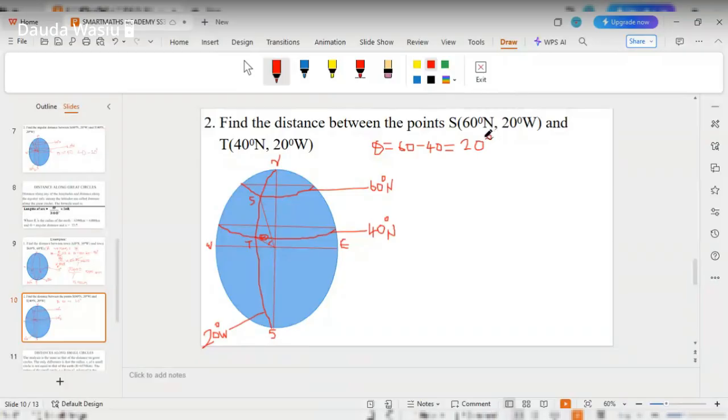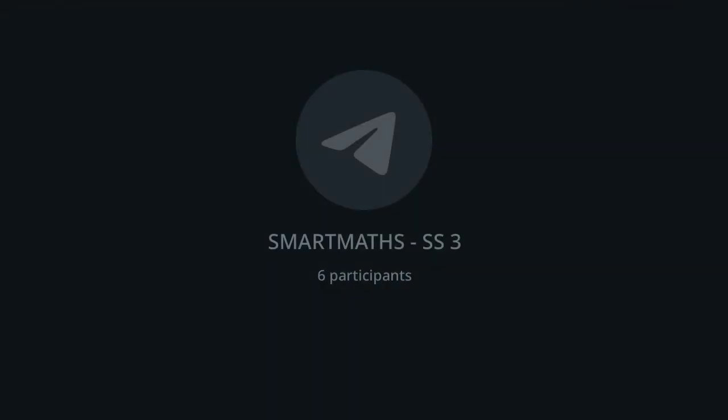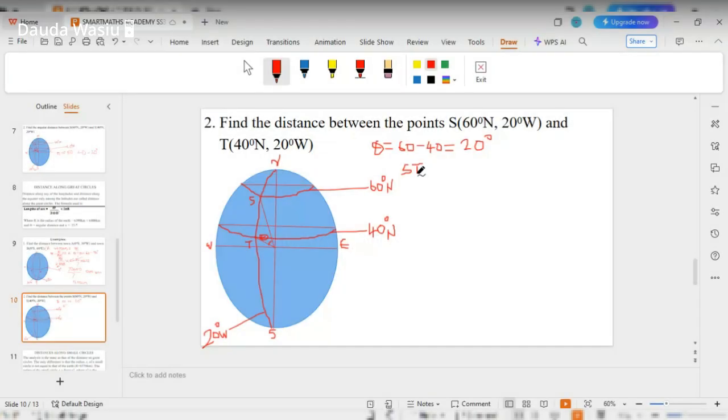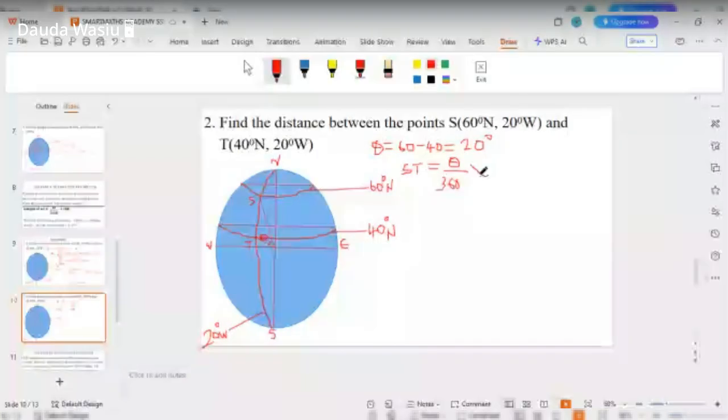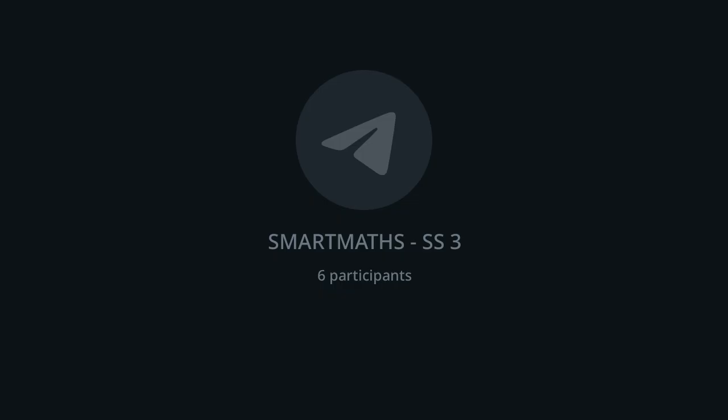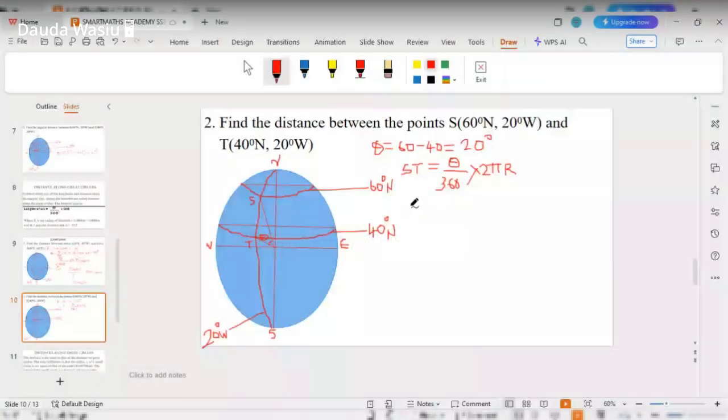So don't forget the formula. Distance along the great circle between S and T, distance ST, equals theta all over 360 multiplied by 2 pi R. So what is the theta under consideration now?